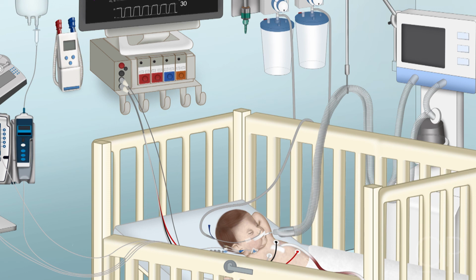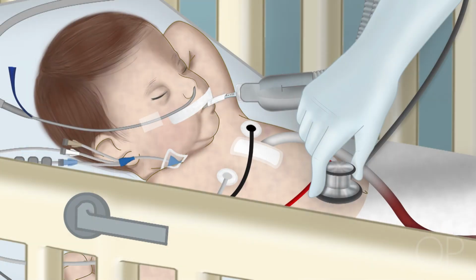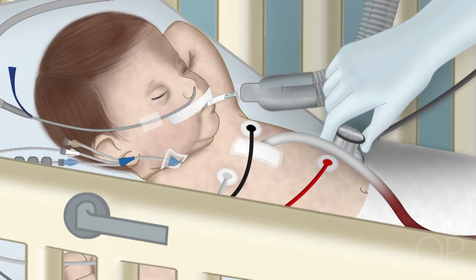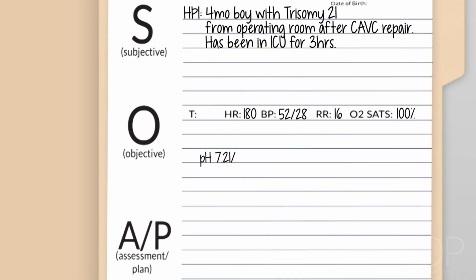From the GI perspective, the patient has a nasogastric tube to low wall suction and has no bowel sounds. And the arterial blood gas reads as follows. The pH is 7.21, the PCO2 is 38, the TCO2 is 14, the PO2 is 85, and the oxygen saturations are 100%. What is your interpretation of this arterial blood gas?